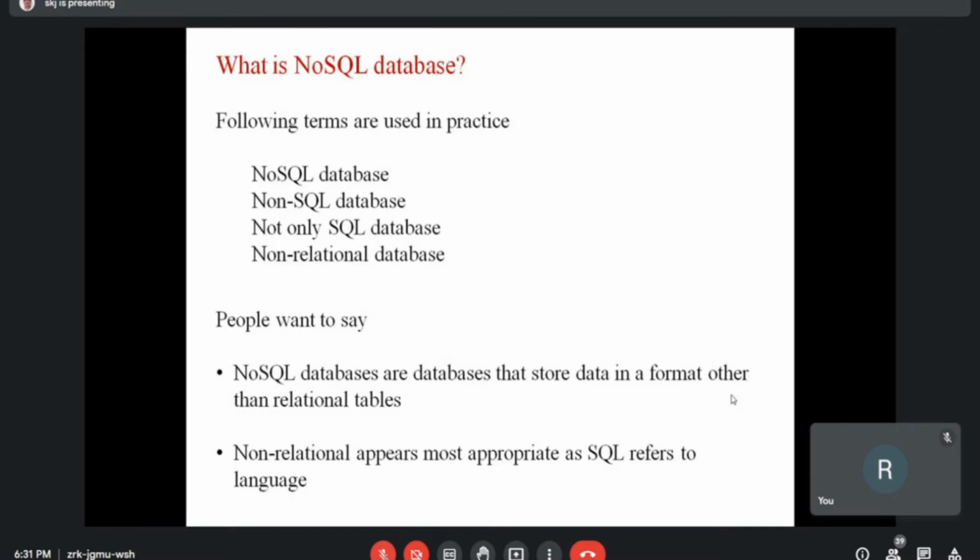Somebody called it non-SQL database. However, SQL has no relationship here, because SQL is the name of the language used with relational databases. Then somebody said not only SQL, we have other kinds of solutions. But if you see non-relational database, this is the appropriate term.